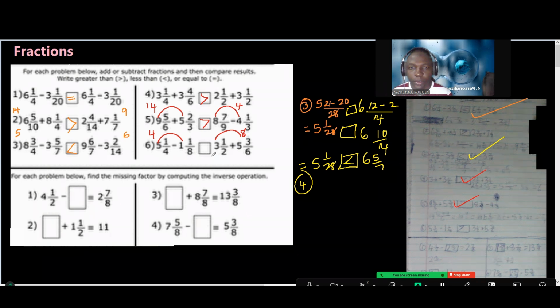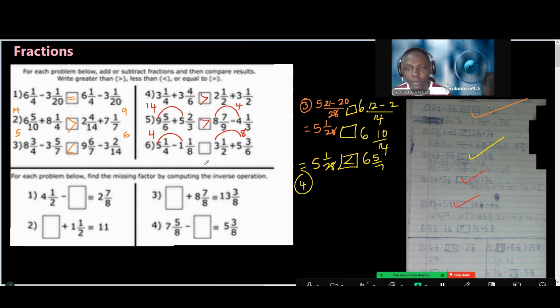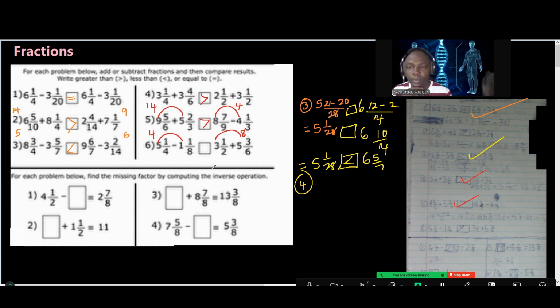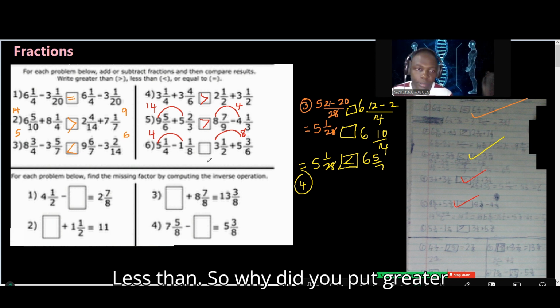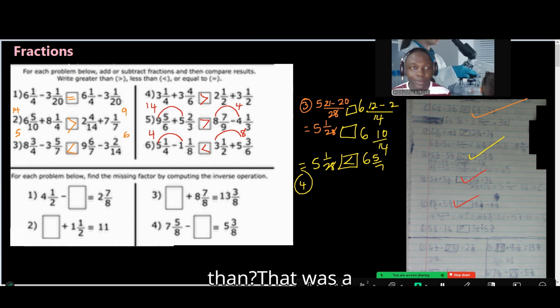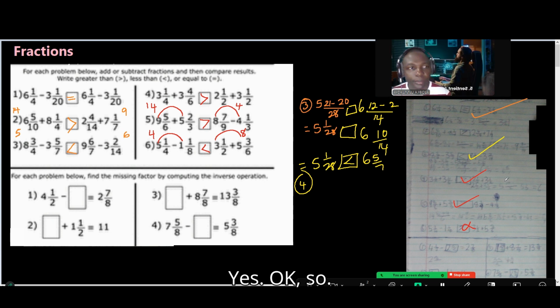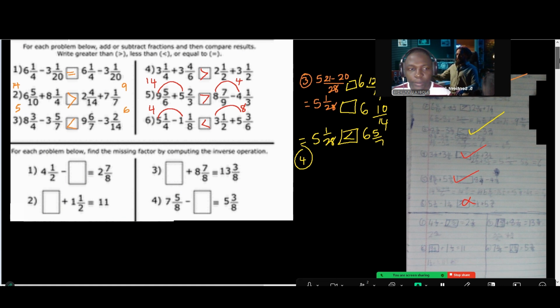Yes. So should this be less than or greater than? Less than. So why did you put greater than? That was a mistake, right? Yes. Okay.